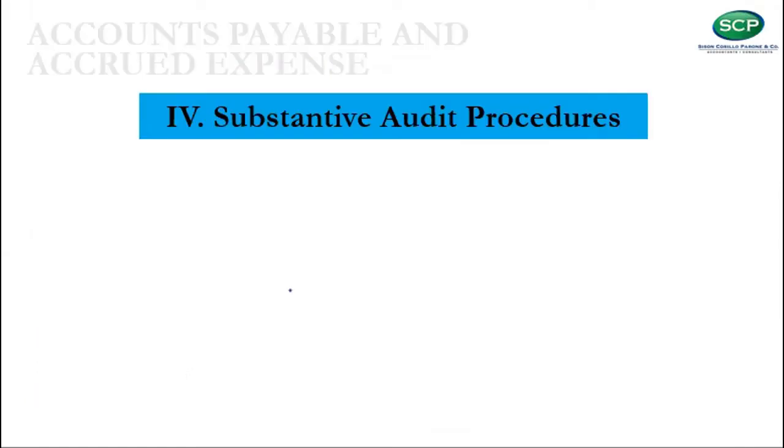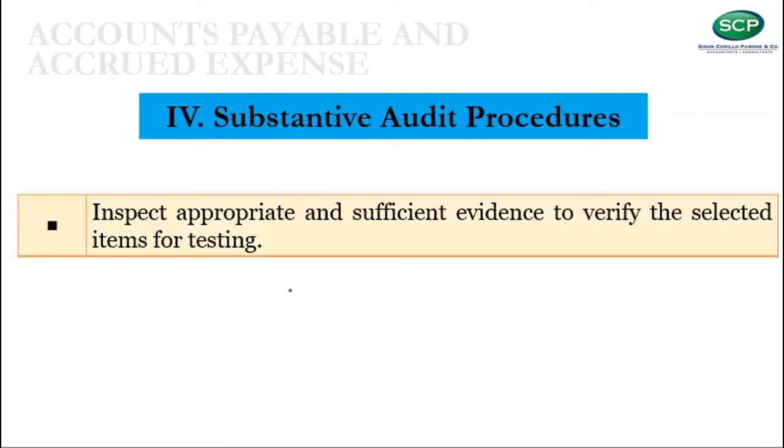For the selected accounts payable and accrued expense items, we will need to perform the next procedure, which is to inspect appropriate and sufficient pieces of evidence.